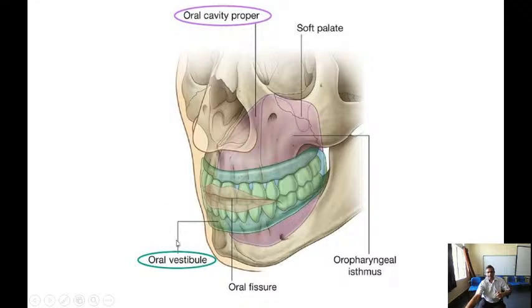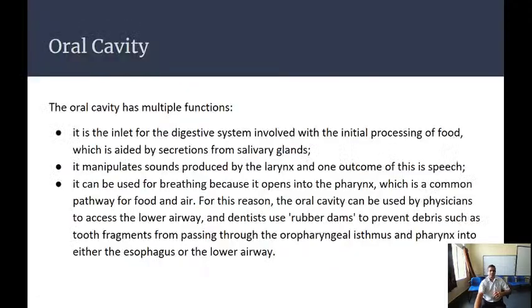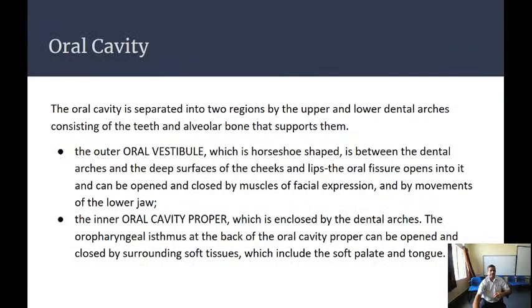The entire oral cavity is lined by what is known as the stratified squamous epithelium, and this is what it is. The description is the outer oral vestibule, which is horseshoe shaped in between the dental arches, and the oral cavity proper, which is enclosed by the dental arches inside.